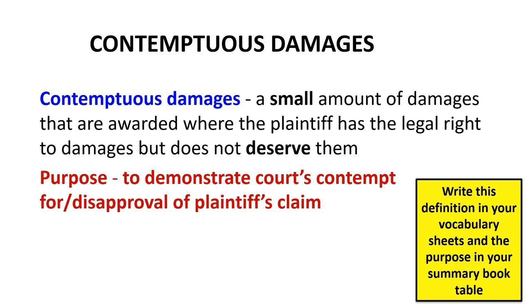In such a case, the plaintiff has the legal right to damages because the defendant has infringed the plaintiff's rights by physically injuring the plaintiff. However, a court is likely to take the view that the plaintiff does not really deserve any damages because it was the plaintiff who started the fight in the first place. This would be a situation where the court is likely to order the defendant to pay contemptuous damages to the plaintiff of, say, $1.